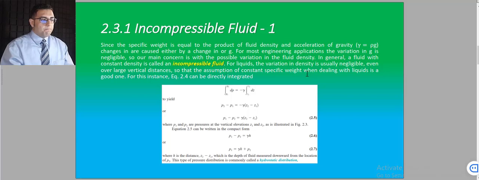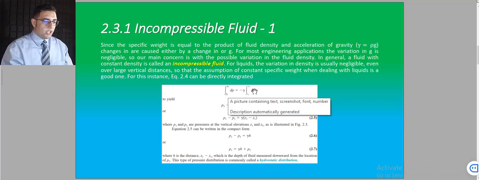But for gases, we might have to be looking after specific gases. But for liquids, we are okay to have integration.